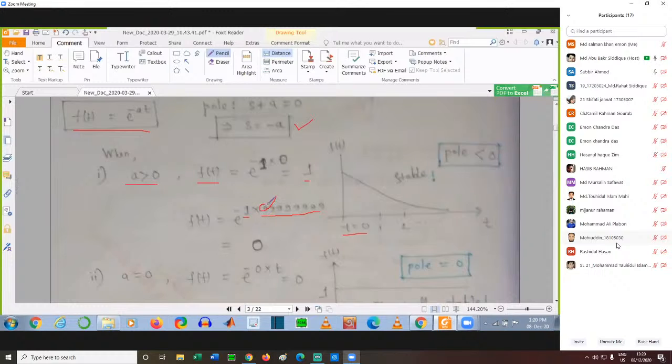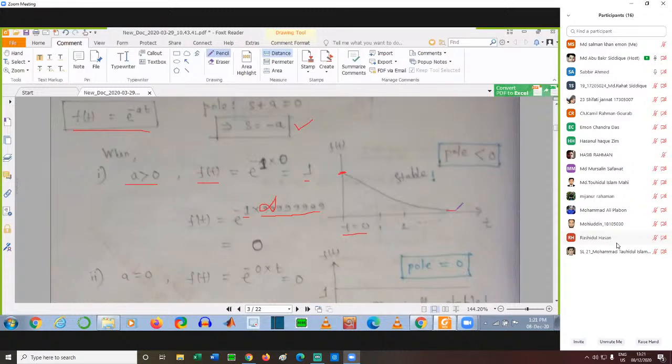You know that e to the power minus infinite equals 0. So you can see f(t) starts at 1 when time is 0, and it goes down, down, down, and when time t is infinite, it's close to 0.